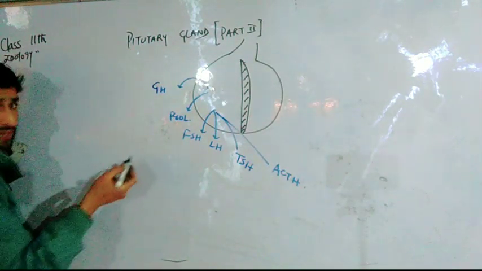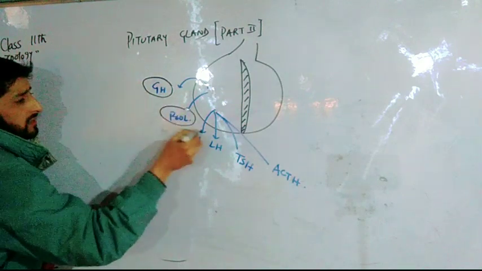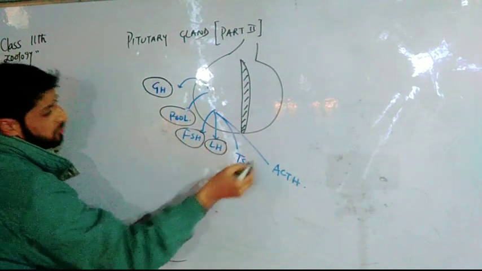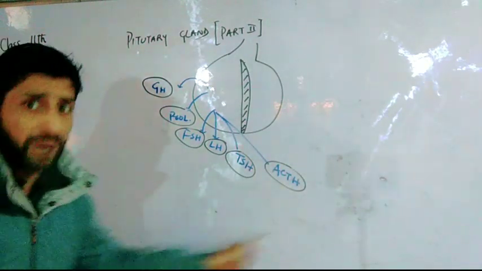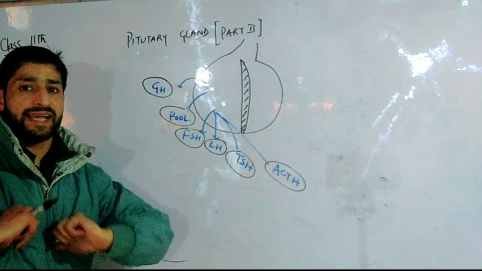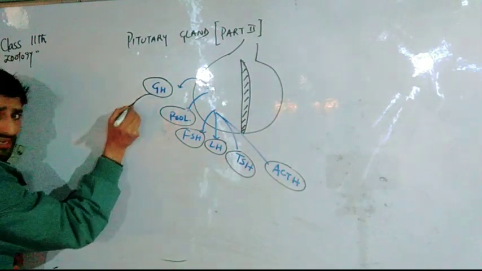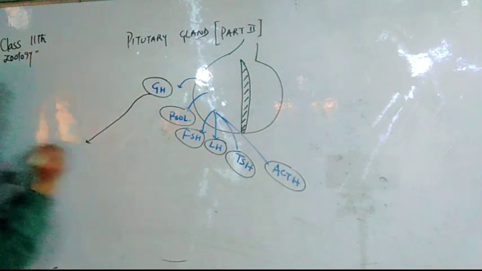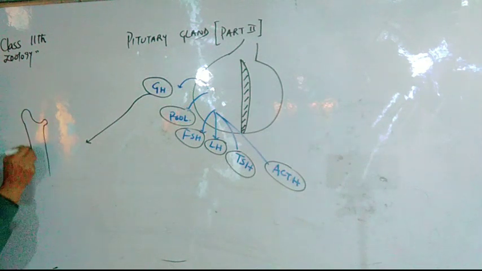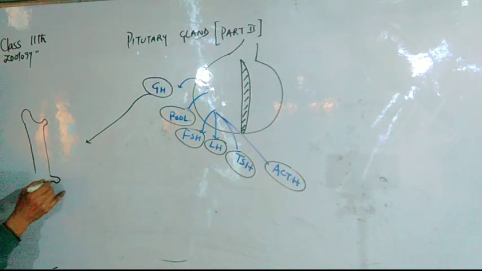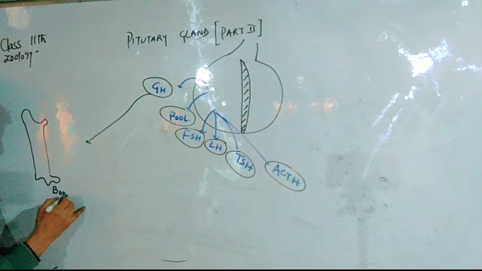First of all, what we are going to study is that we will analyze the target structures of these hormones, so that we can get a rough idea of what actually is the role of these hormones in my metabolic activities or in my body. As far as the growth hormone is concerned, the target organ is actually my bones.